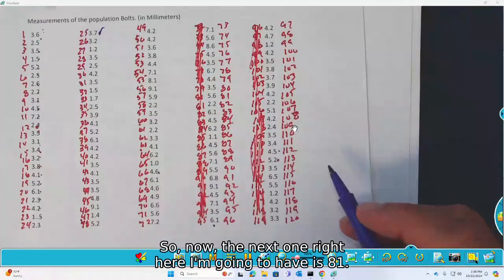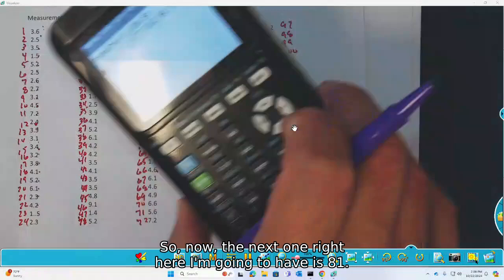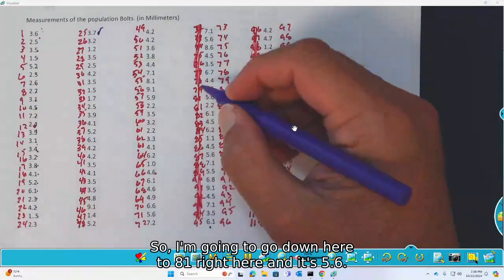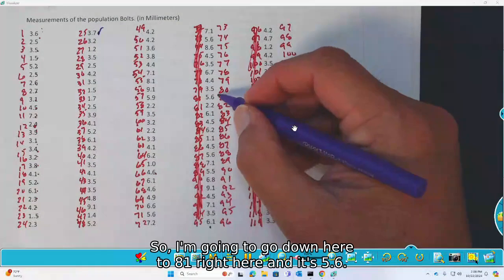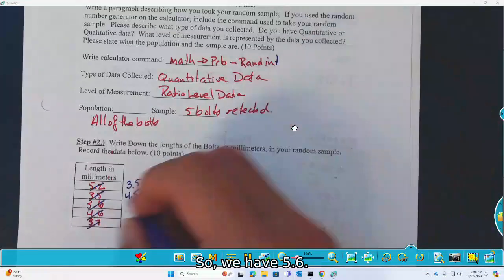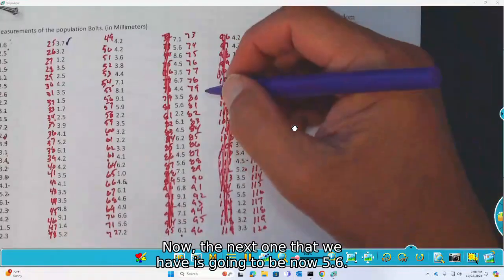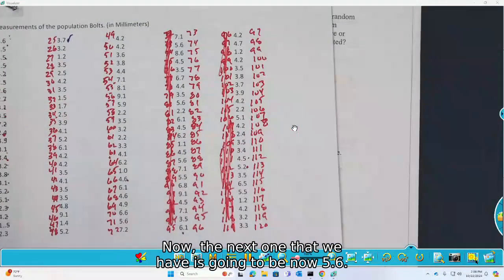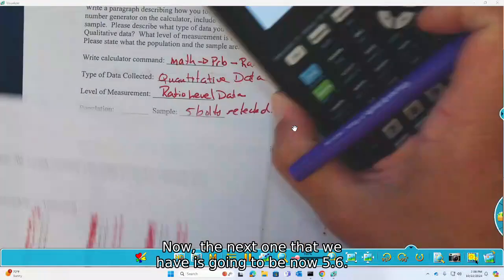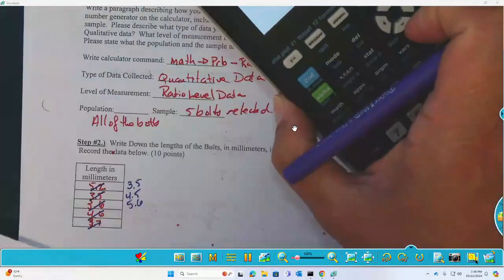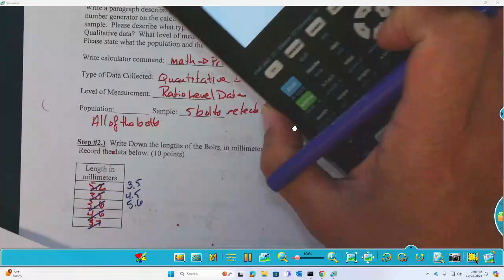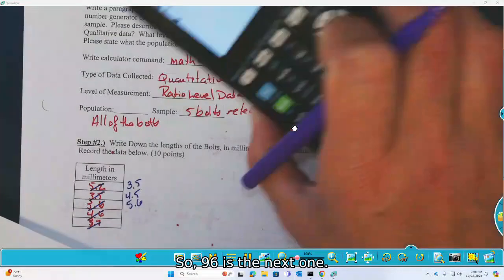So now the next one right here, I'm going to have is 81. So I'm going to go down here to 81 right here, and it's 5.6. So we have 5.6. Now the next one, 96, is the next one.